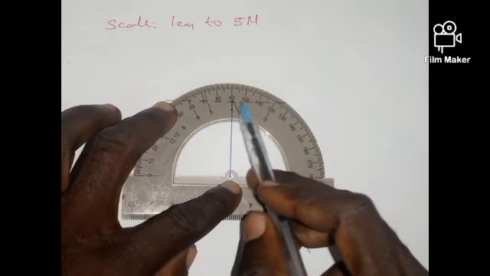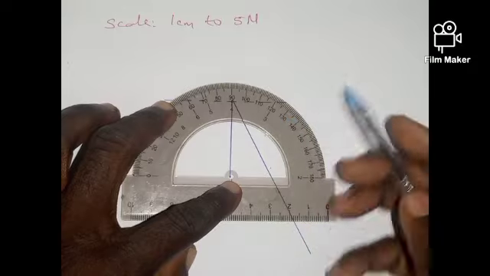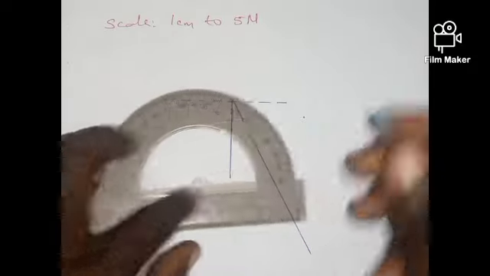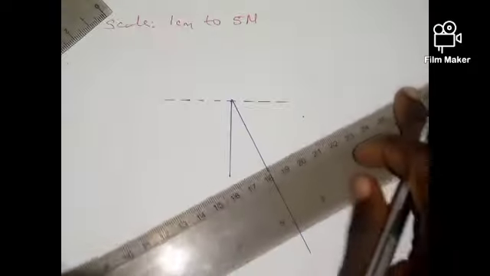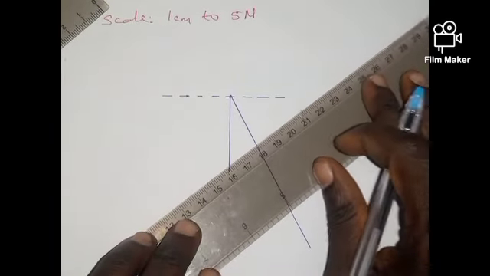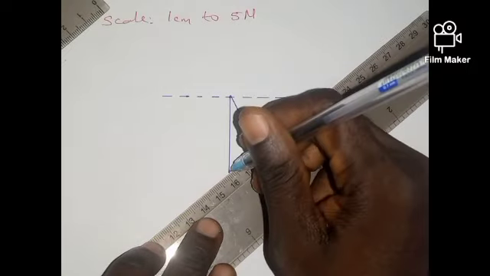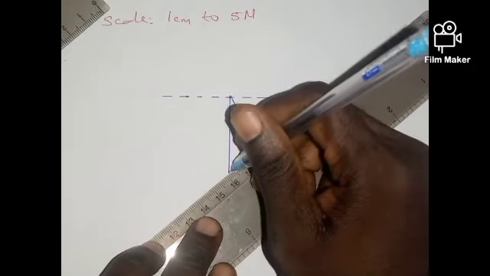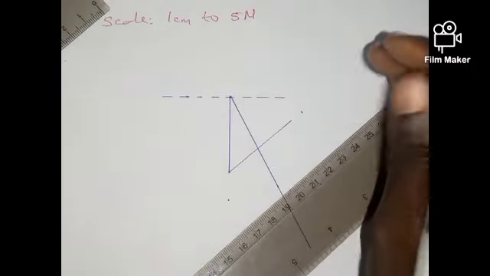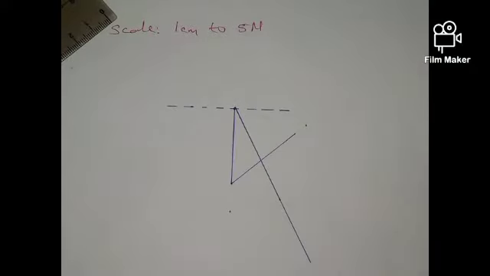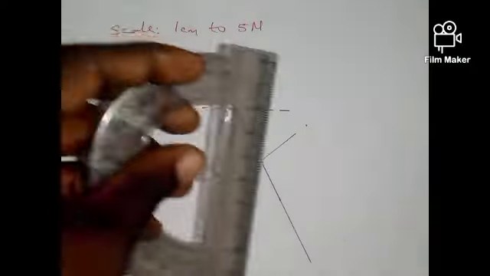So when I go, this is 10, 20, 30, 40, 50. So at this point here, I'm going to draw a straight line through this, just to any length.